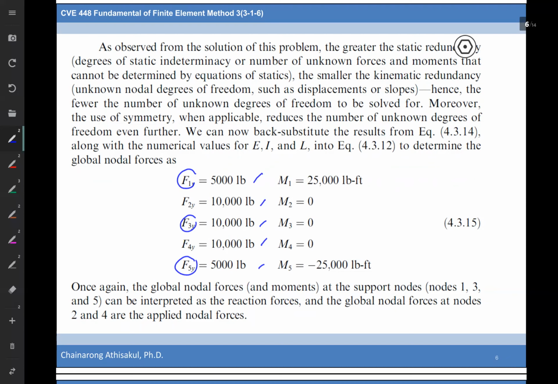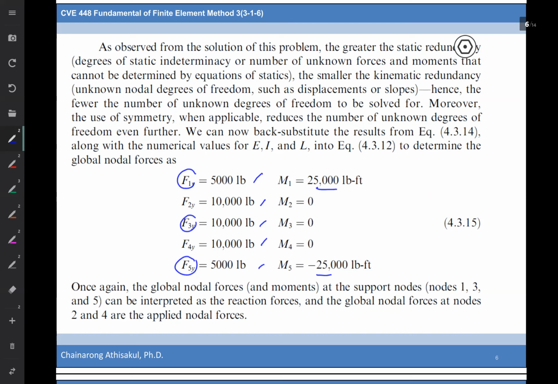And for the bending moment, you see that the moment at node number 1, this is the reaction, is 25,000 pound-foot. Okay, and it's equivalent in magnitude with the moment at node 5, that is 25,000 also, but it's a negative sign. Why is it a negative sign?